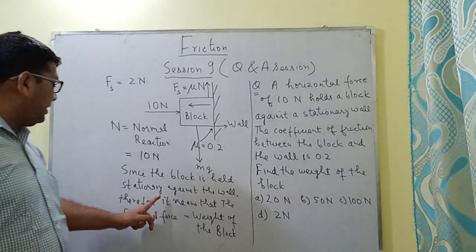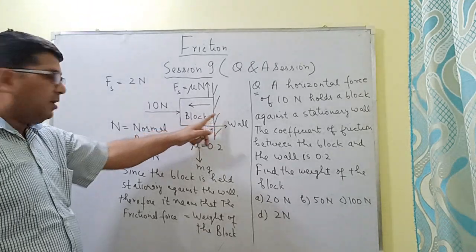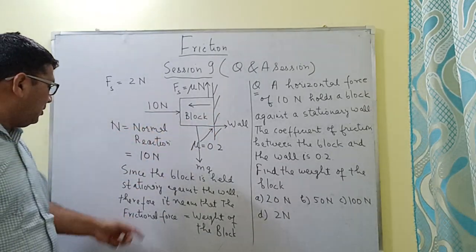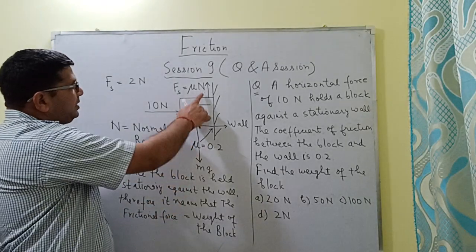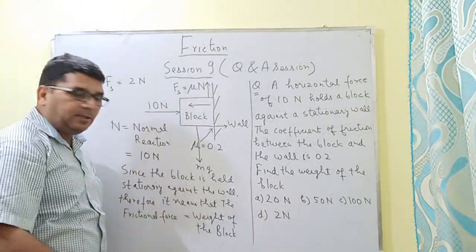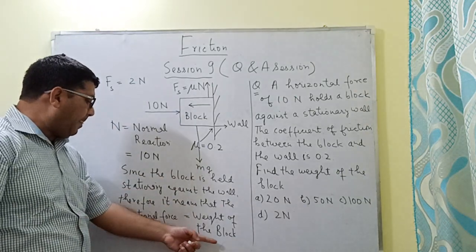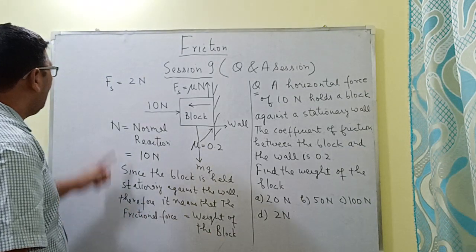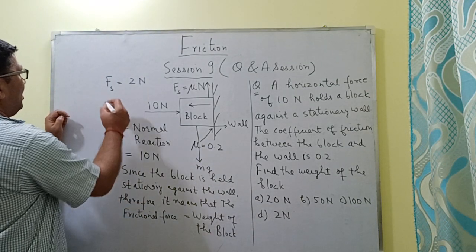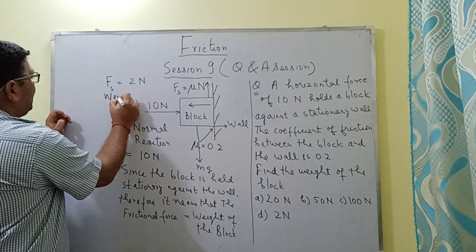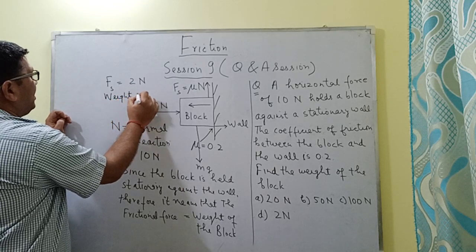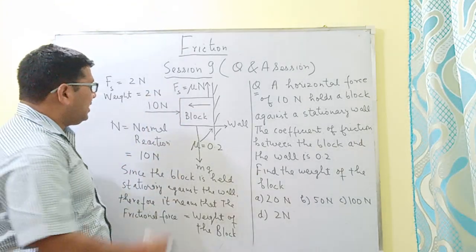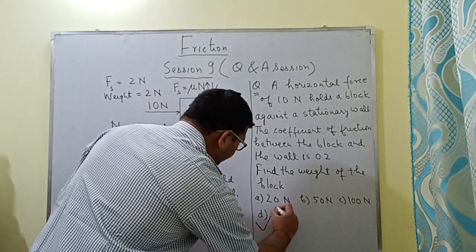If the block is held stationary against this wall by the application of this horizontal force, this frictional force acting in the upward direction is balancing the weight of the block. So since the frictional force is equal to 2 Newton, the weight of the block is equal to 2 Newton. So the correct option is D.